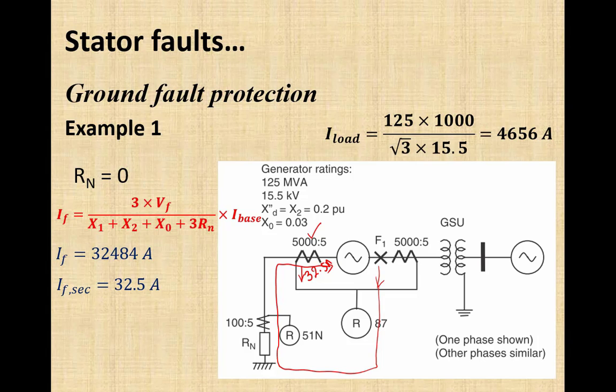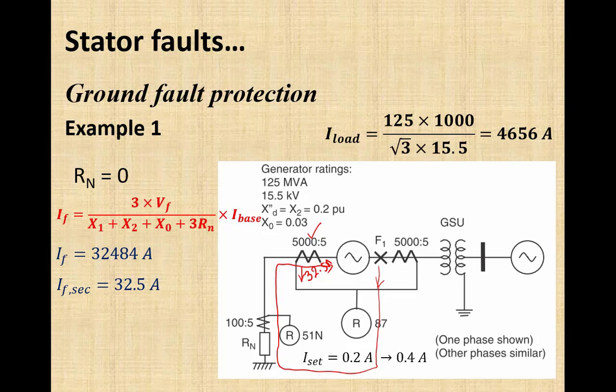Okay, differential relay CTs and neutral CTs. Only one phase of a three-phase generator has been shown over here. The other two phases will be similar to this one. Now normally the set value of our current differential will be in the range 0.2 ampere to 0.4 ampere.